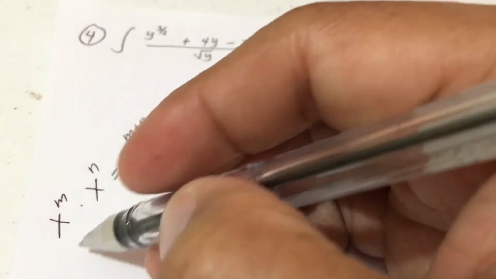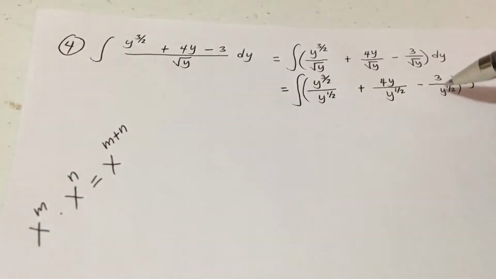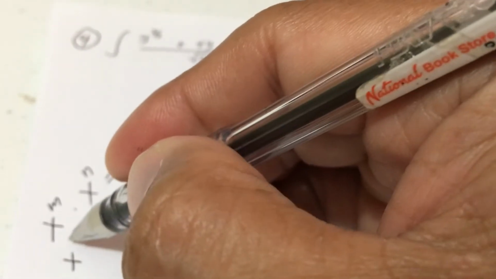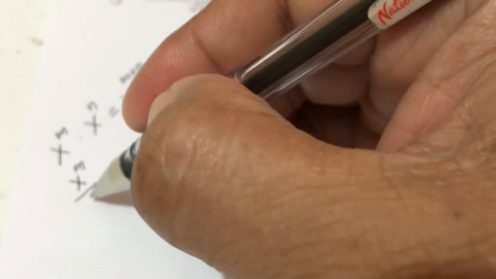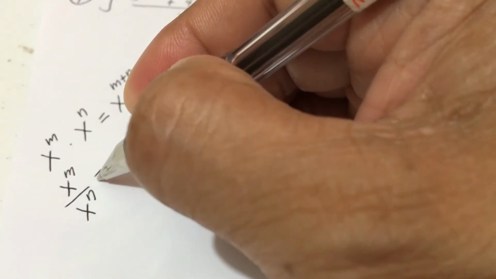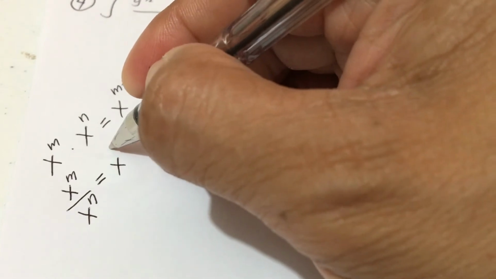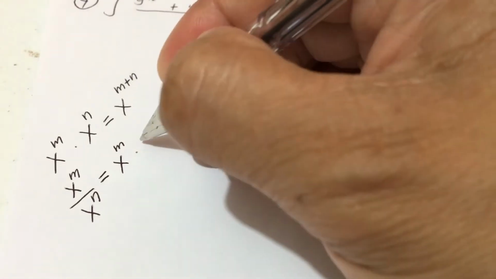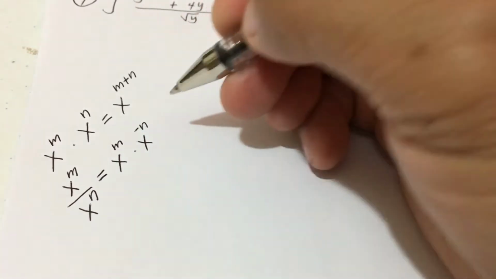So for our given here, we will use the principle of x to the m divided by x to the n, which is equivalent to x to the m times x to the minus n.